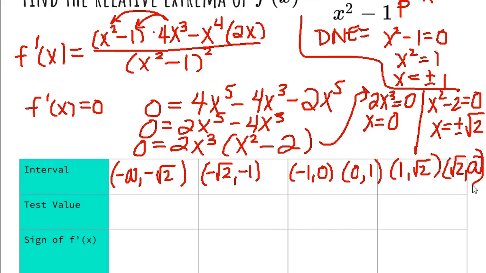All right, I'm going to do test values. And I'm going to use factored form to help me out with that. So this one, I'm going to use negative 2, negative 1.1, negative 0.5, 0.5, 1.1, 2.